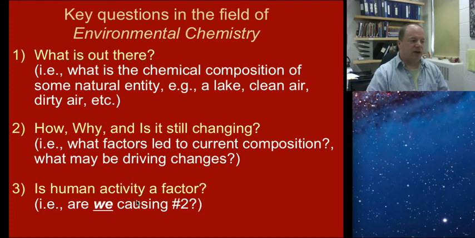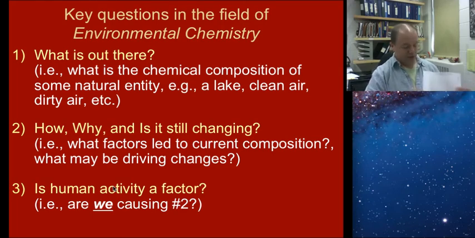In our case, when we talk about global climate change, the basic fundamental hypothesis is that the use of fossil fuels for a century and a half or so, maybe really 2 centuries, has caused the chemical composition of the global atmosphere to change in a way such that it affects the temperature of the planet. So again, you can see how climate change really fits into this broader scope of environmental chemistry.